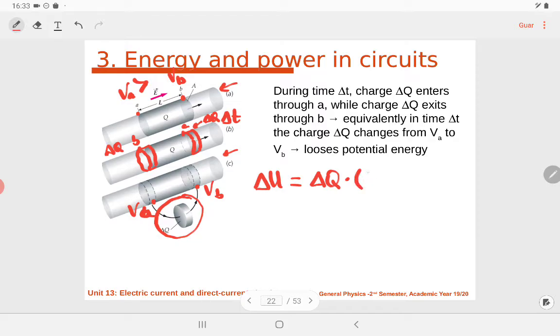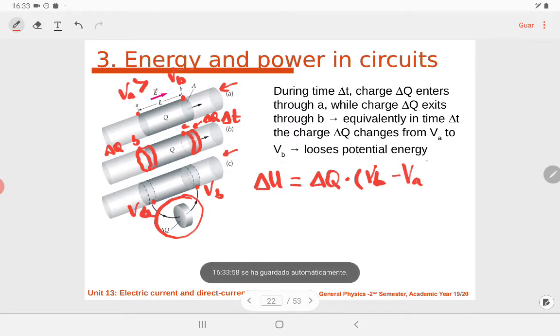So this would be the potential at the end, which is B, minus the potential at A.